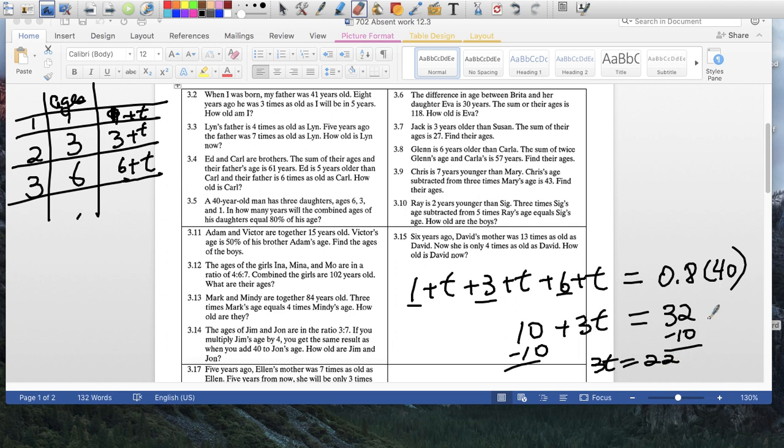Did I do something wrong? Because 3t, well, you don't always have to get a round number, but these problems are not. 6 plus 3 plus 1 is 10. How many years will the combined age of his daughters equal 80% of his age?